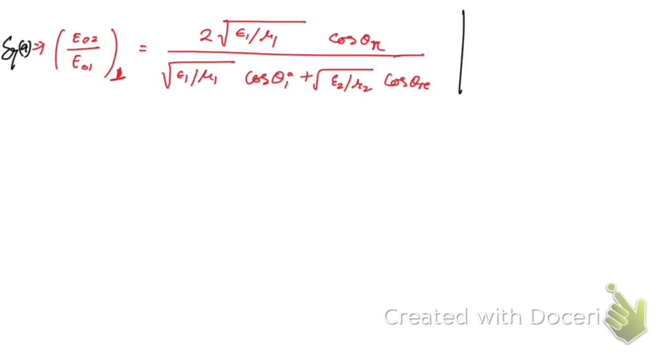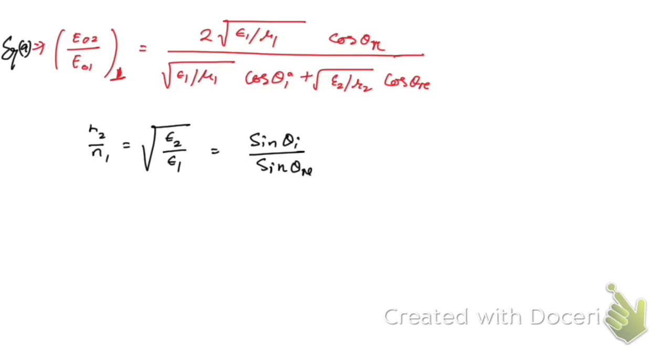If we use these relations here, that n2 by n1 is equal to root over epsilon 2 by epsilon 1, which is also equal to sine theta I by sine theta r, right?